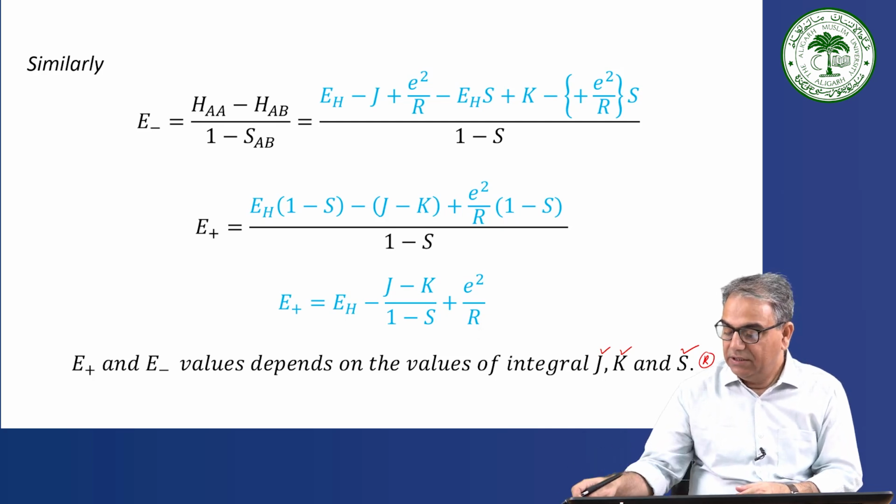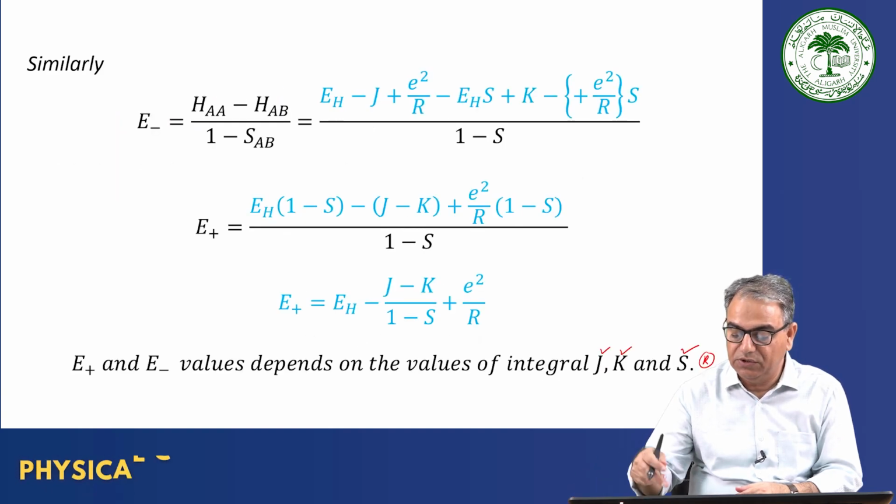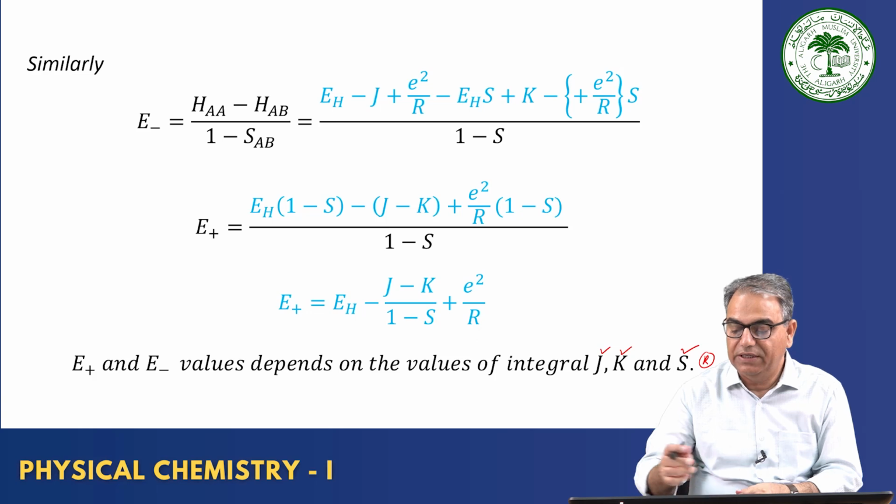Okay. And if you go and find out these values, for finding out these integrals you need to know what psi 1SA is and what psi 1SB is, and then only can you integrate.